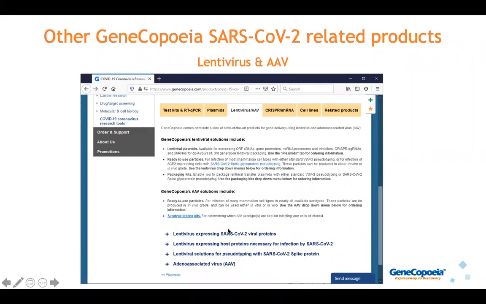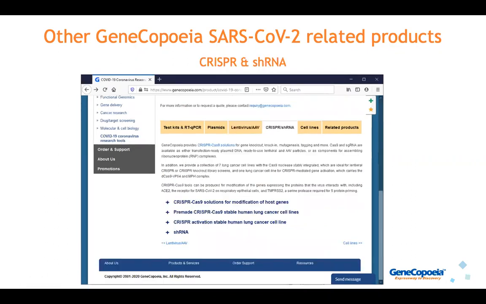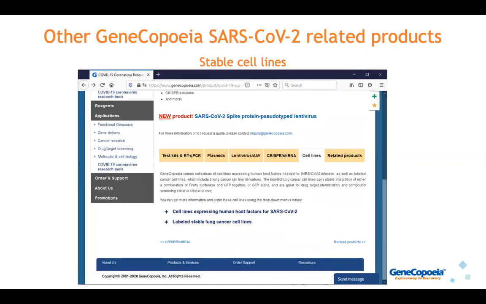You can order lentivirus and AAV expressing any of the SARS-CoV-2 viral proteins or the human interacting proteins from our website. We also have CRISPR and shRNA solutions in case you want to do gene knockdown or knockout studies, and those can be ordered from the website. We also have stable cell lines, such as cell lines expressing human ACE2 and TMPRSS2.